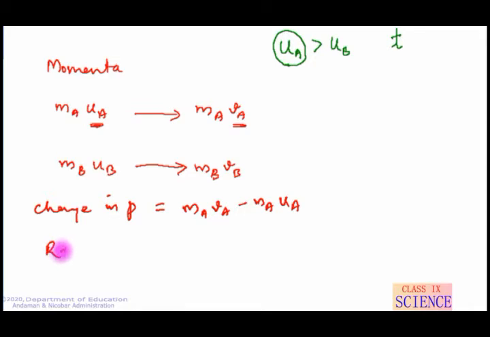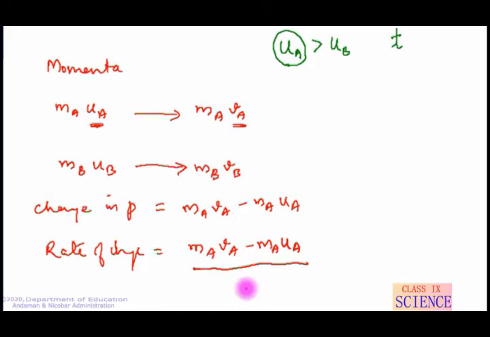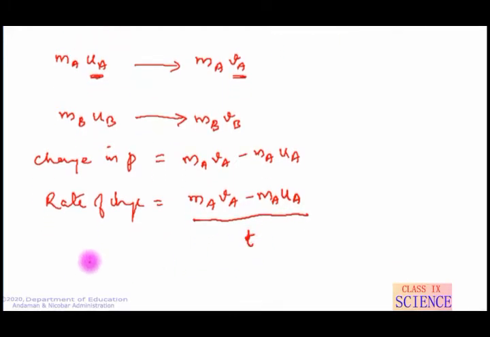Change in momentum of ball A can be written as mAvA minus mAuA. Similarly, the rate of change of momentum is equal to mAvA minus mAuA divided by time, right. Here the rate of change of momentum is the force applied by ball A on ball B, right.